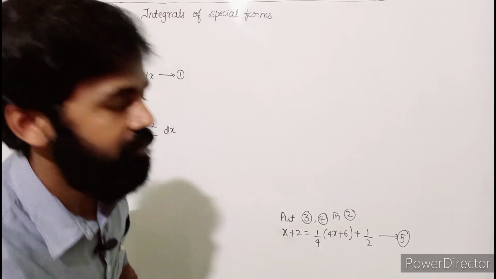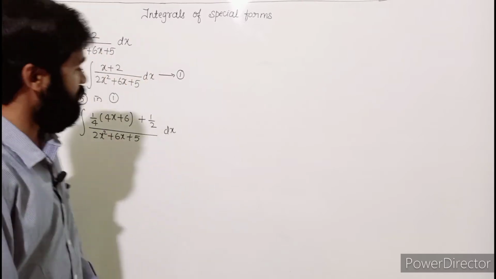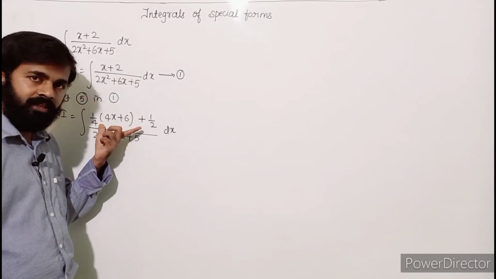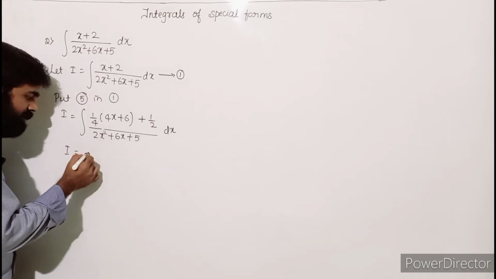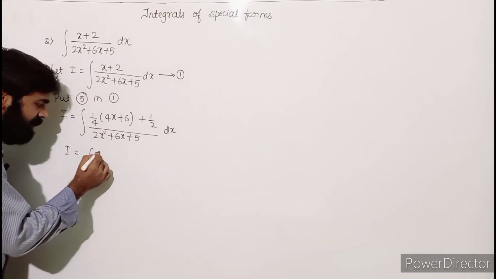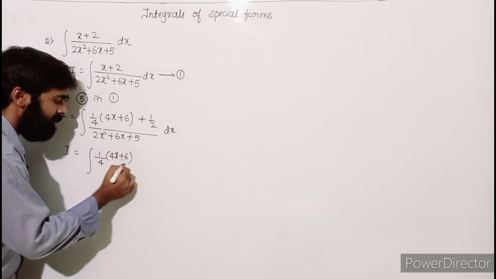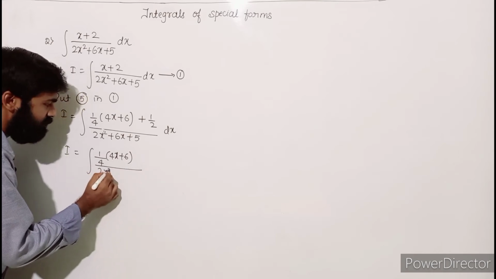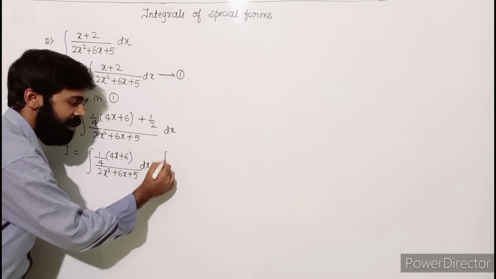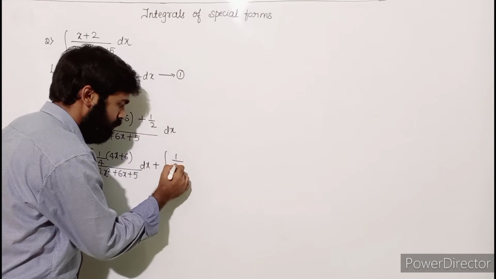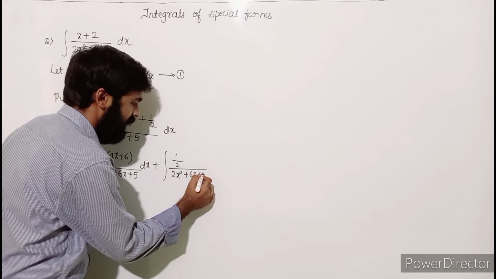Now I will erase this part also. Okay, now let's simplify this. How to simplify this is I will split the integral. I equals integration 1 by 4 into 4x plus 6 divided by 2x square plus 6x plus 5 dx plus integration 1 by 2 divided by 2x square plus 6x plus 5 dx.